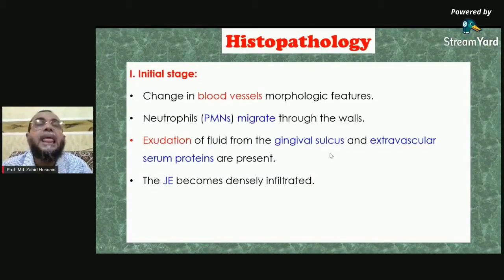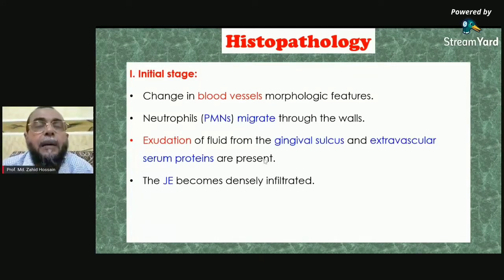Histopathology, again, the initial stage. Changes in blood vessels, morphologic features. I told you earlier, polymorphonuclear neutrophils migrate through the walls. At first, when the bacteria enter the body and start to produce their enzymes and toxins, our gingival tissue sends a signal to our system.